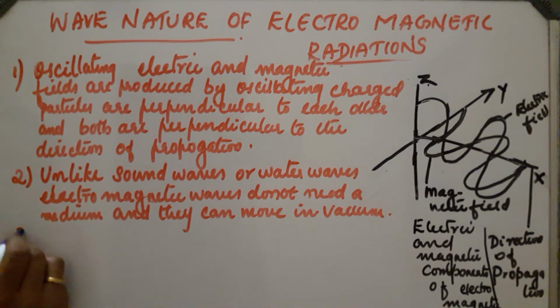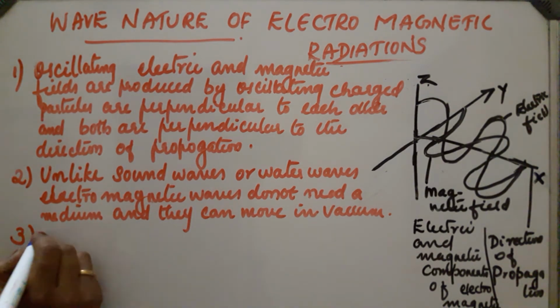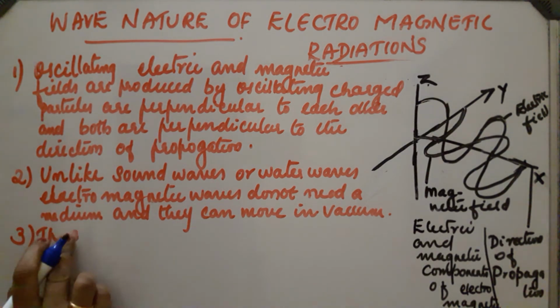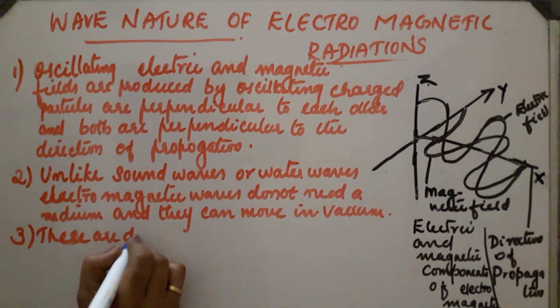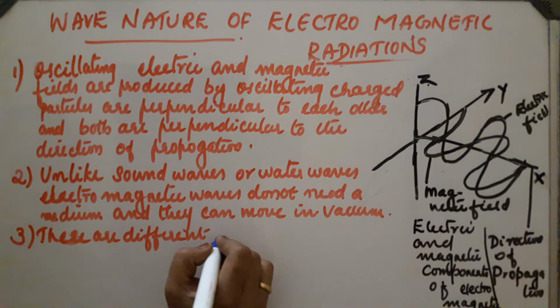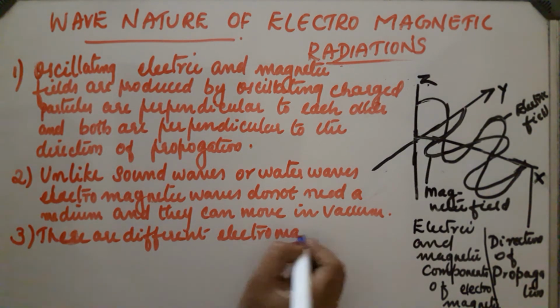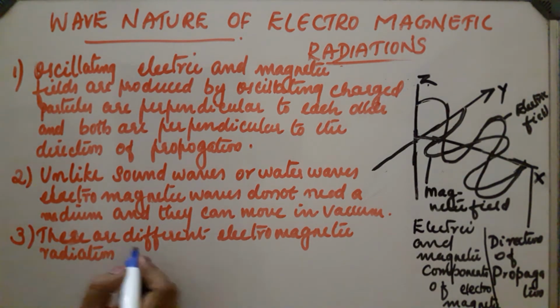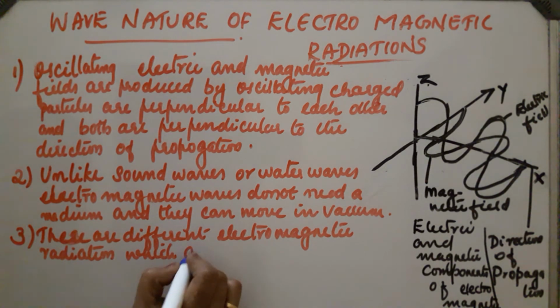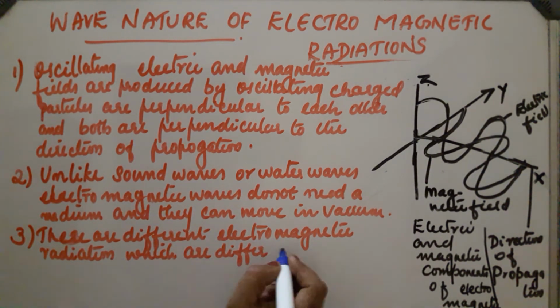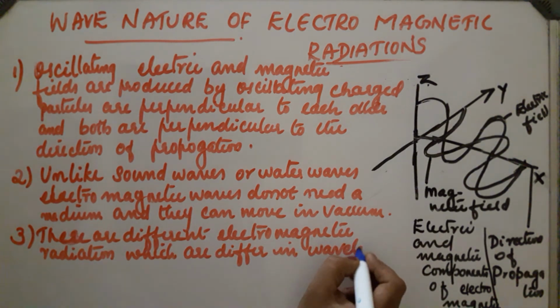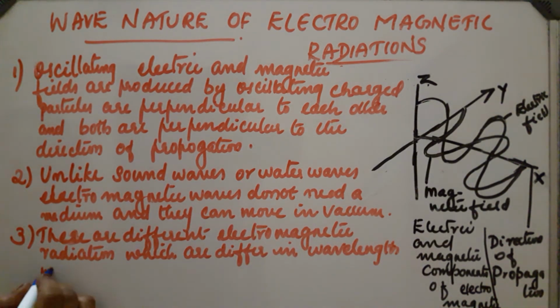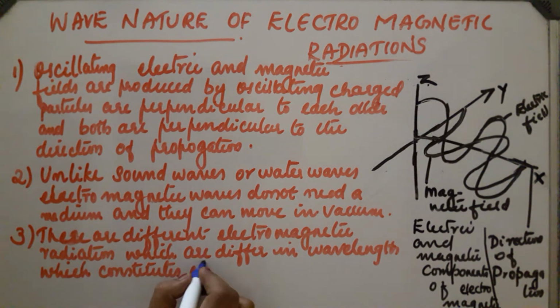Now, third property. There are different electromagnetic radiations which differ in their wavelength, which constitute the electromagnetic spectrum.